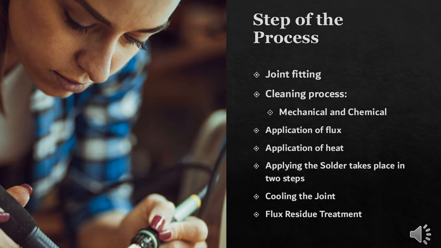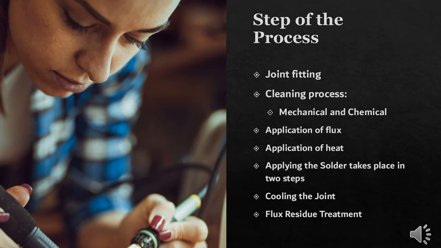So these are the steps of the joining process. The first one is joint fitting, which, like its name, means the joint must fit, so the soldering gets enough clearance for the process. After that, we go to the cleaning process. There are two types of cleaning, mechanical and chemical.